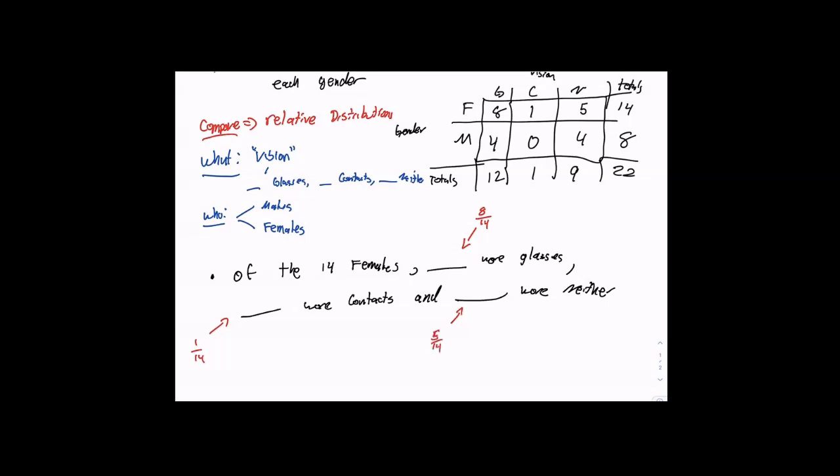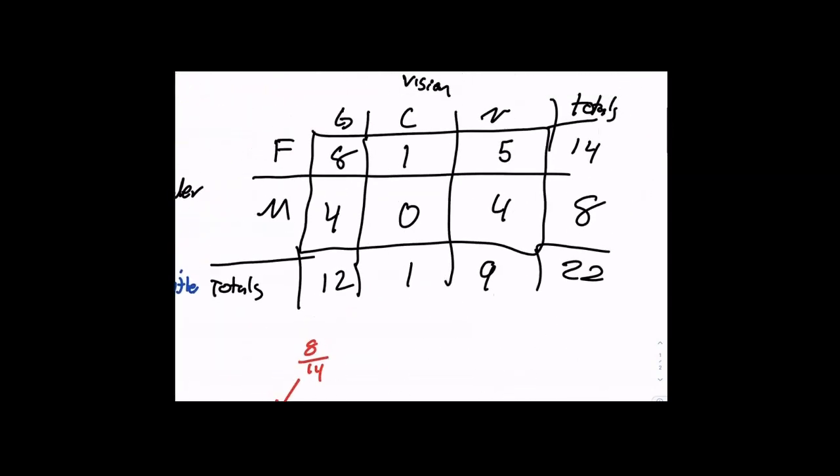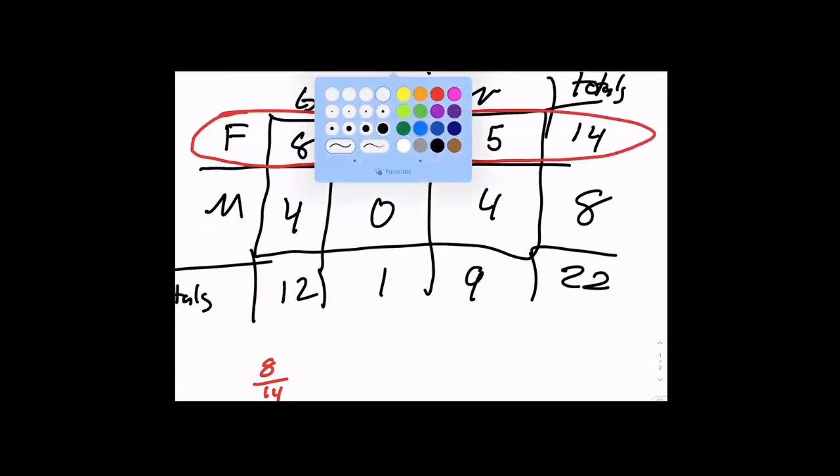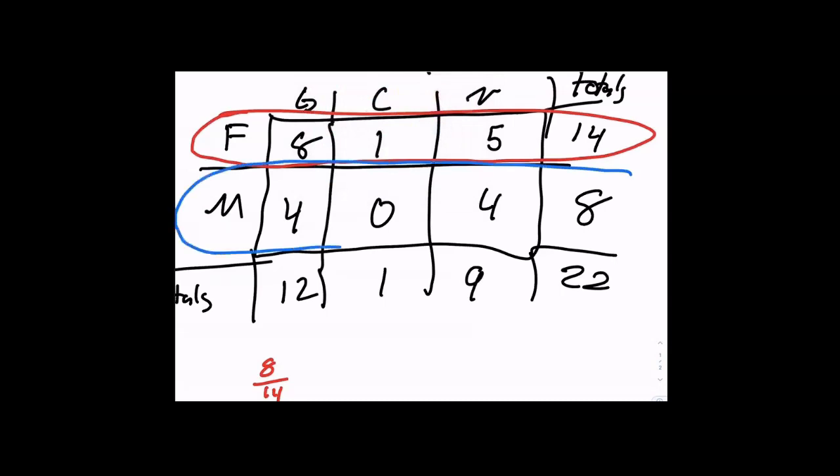Now here's a simpler way of doing it, because you're wondering how to show this in your problem. Let's look back at our table. We want to divide by 14 because we're doing it for the females, and then we're going to do it for the males.